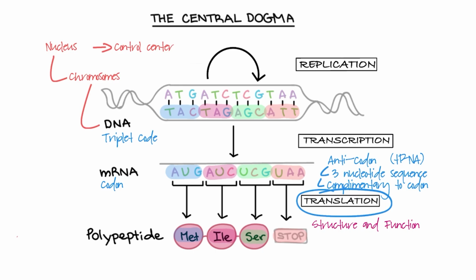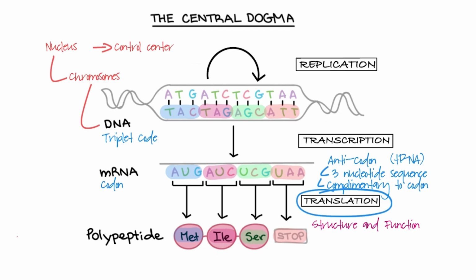For now, just remember that the anticodon on the tRNA is going to be complementary to the codon on the mRNA, and each anticodon, like the codon and triplet code, is going to be specific for one particular amino acid. So the triplet code on the DNA, its complementary codon on the mRNA, and its complementary anticodon on the tRNA are all going to be specific for the same amino acid.